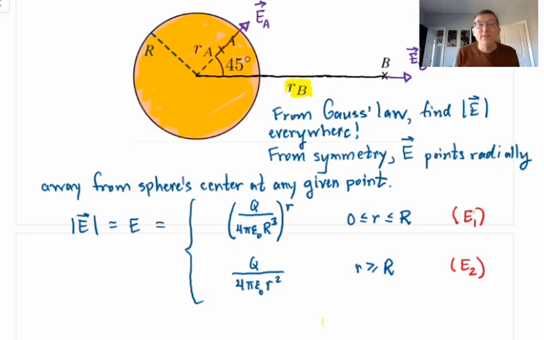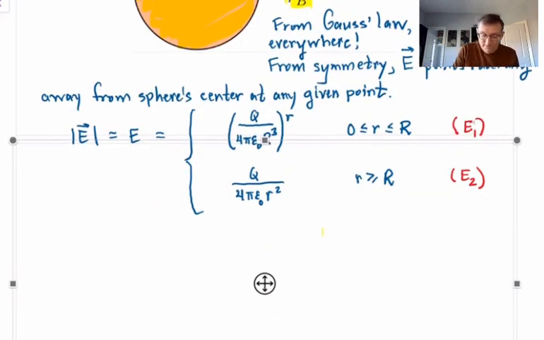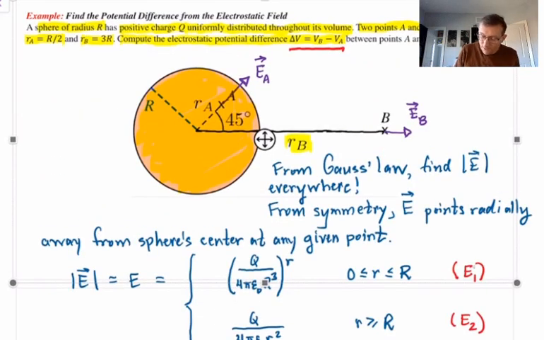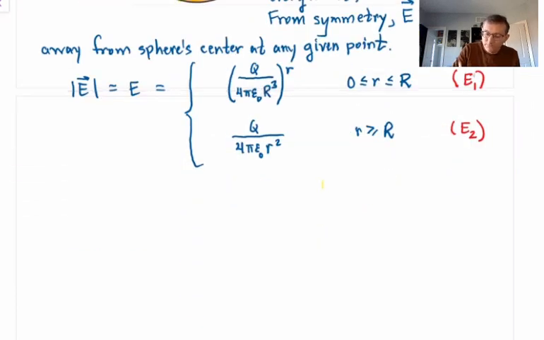So now, how do I find the potential difference, delta V, between the point A and the point B? All right. So now we use this physics idea. The potential difference between 2 points, delta V, which in this case, the problem clearly states that it wants in that order, the V at point B minus the V at point A. So think of A as the initial point and B as the final, right? Because delta always means final minus initial.